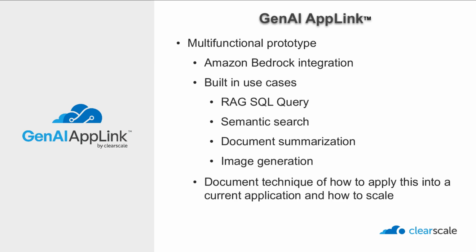And so this makes it relevant to your application by incorporating purpose-built prompts and responses that are made for your business, okay? And along with this, we provide extensive documentation on how to apply the solution and scale it as it directly relates to your application. So when you think about incorporating a foundational or a generative AI feature into your application or workflow, I want you to think about GenAI App Link, which is here at ClearScale.